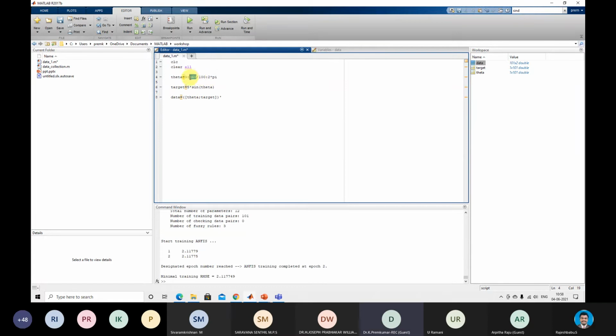Here I'm going to consider 2 pi, and then I'm going to generate the data here.